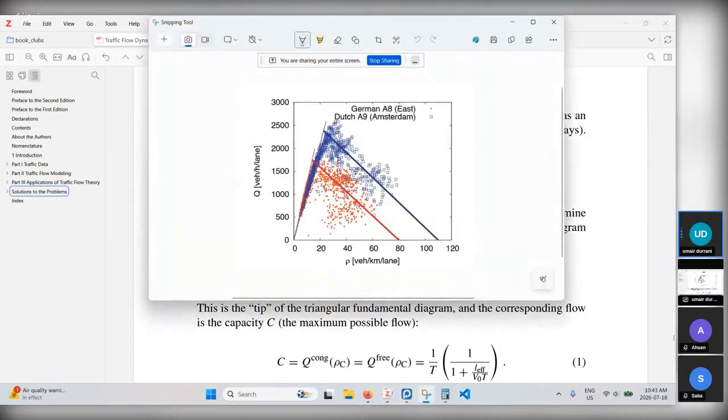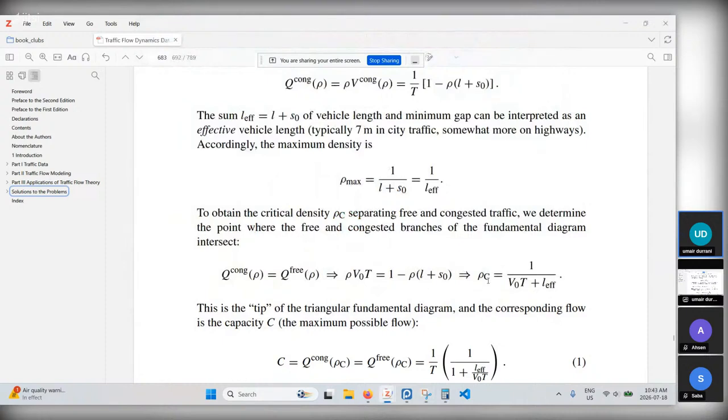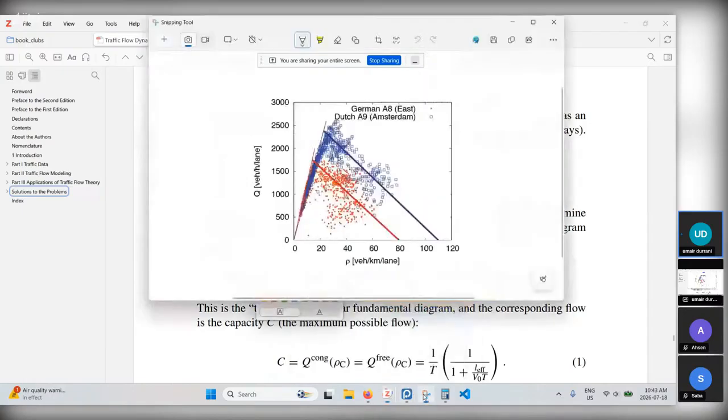In our figure here, this is the point of the maximum flow, which we also call capacity C. And the density corresponding to that is going to be critical density, rho sub C. So again, plugging in those formulas in this formula of rho into V naught into T, we get, actually in this case, the assumption is that congested flow is going to be equal to the free flow when we are talking about capacity C. At this point, on the left is the free branch, on the right is the congested branch.